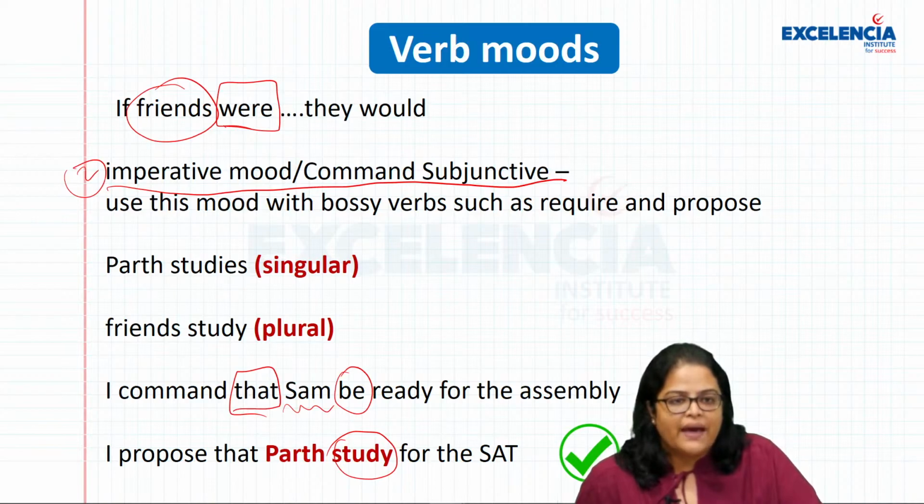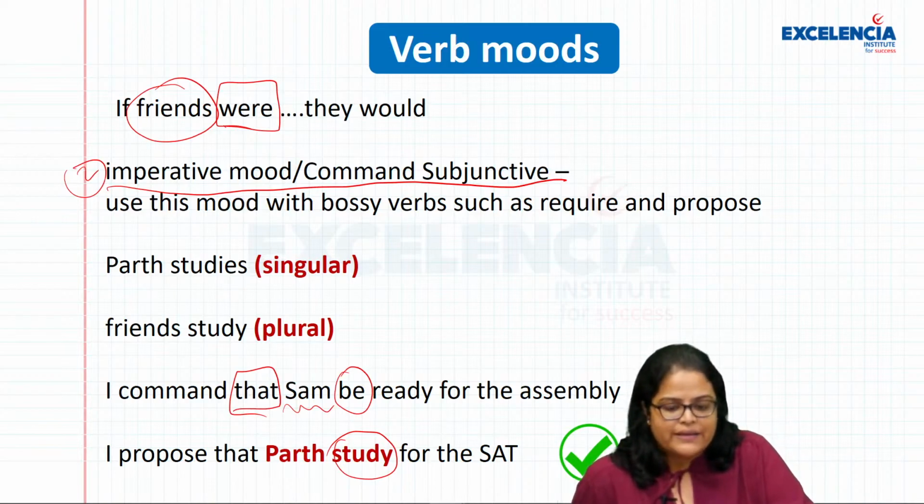What do I mean by that? For those who did subject-verb agreement with me, I mentioned in that class that a singular subject has to take a singular verb, and studies is singular.